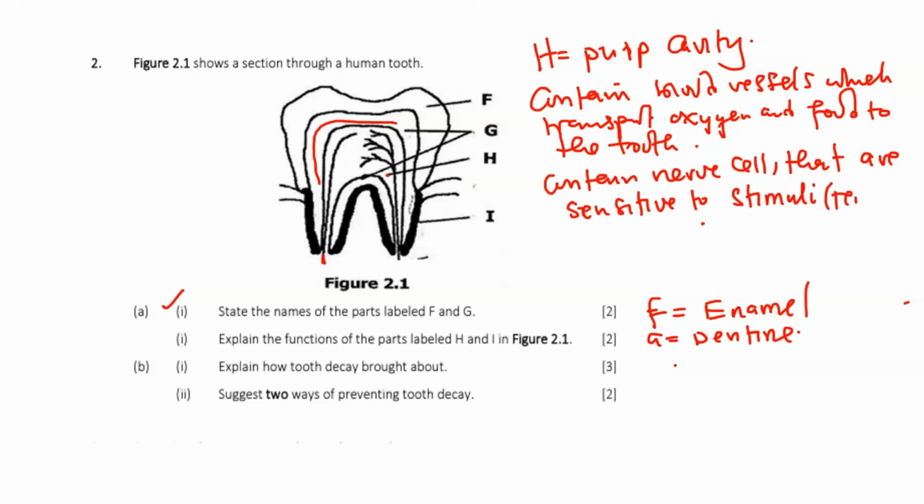Stimuli, we said temperature, pressure, and also pH. So in other words, it has nerve cells which give sensitivity, which makes the teeth sensitive. Okay, so these are the functions that we can talk of.